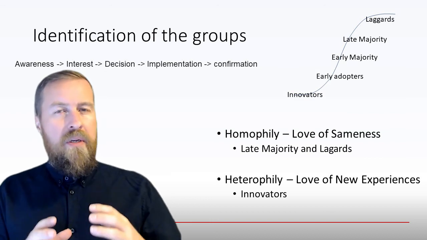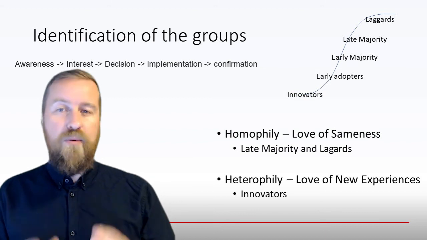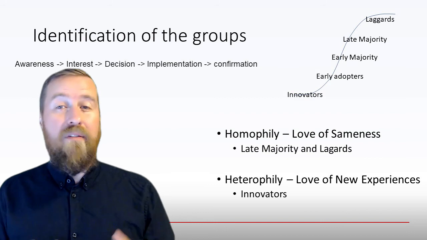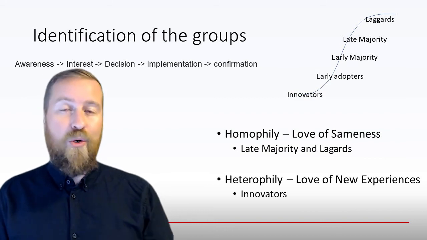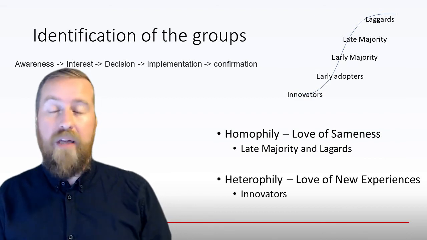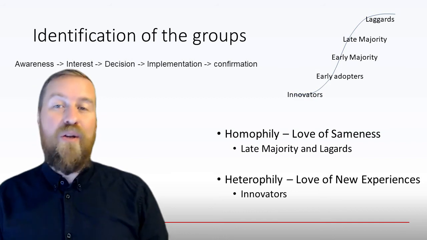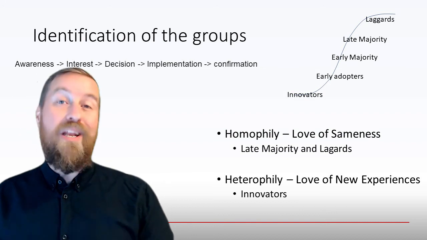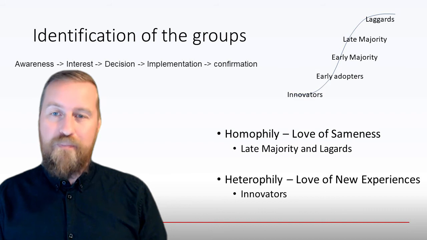There are also some characteristics in the different groups. The homophilia, or the love of sameness, is characterized in the late majority and the laggards. They want to be like everybody else. My grandmother has an iPhone. Well, she's a laggard and she likes to be like her friends. She'll never buy the newest one.